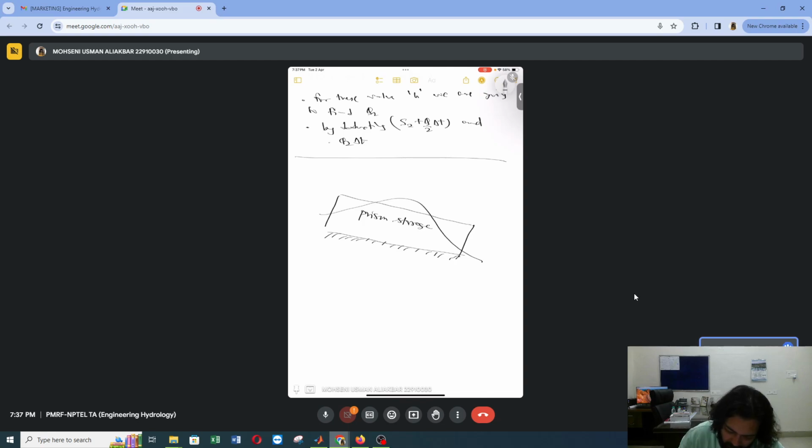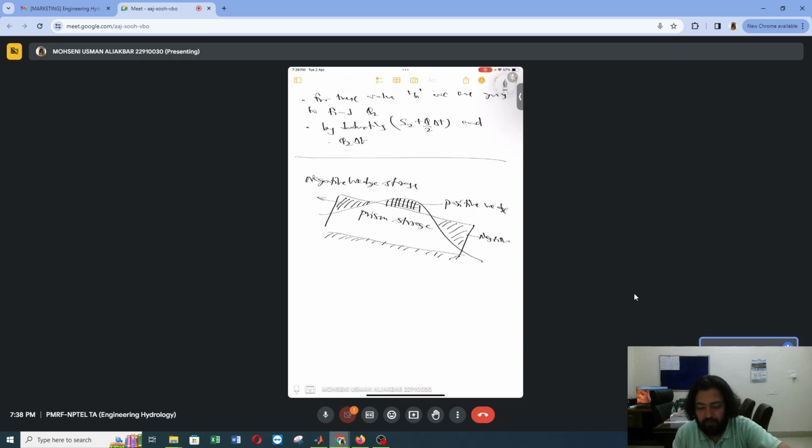Whatever water is below this imaginary surface, we call it negative wedge storage, and whatever is above this imaginary line, we call it positive wedge storage. Then again this is negative, right?